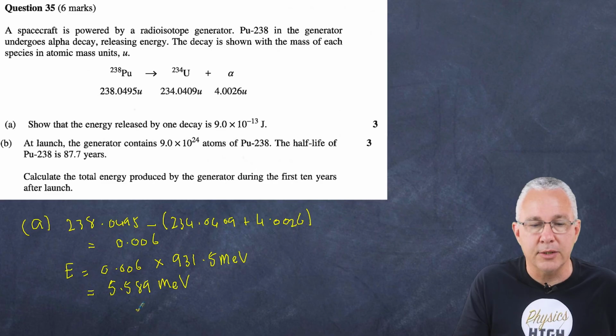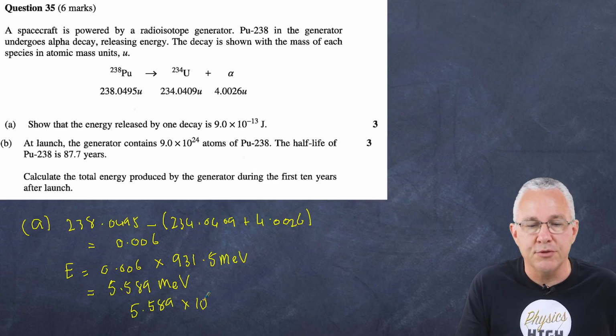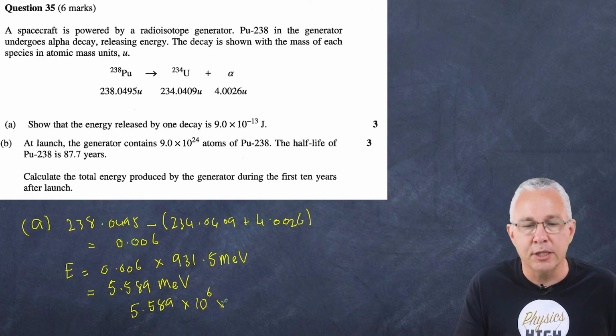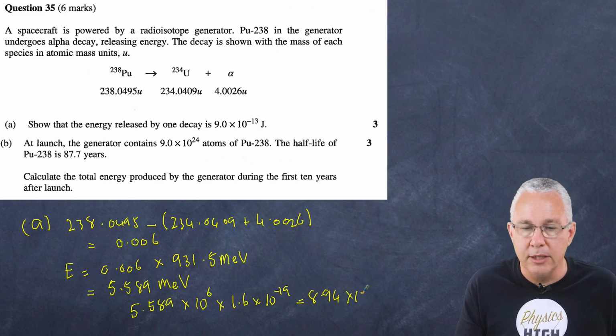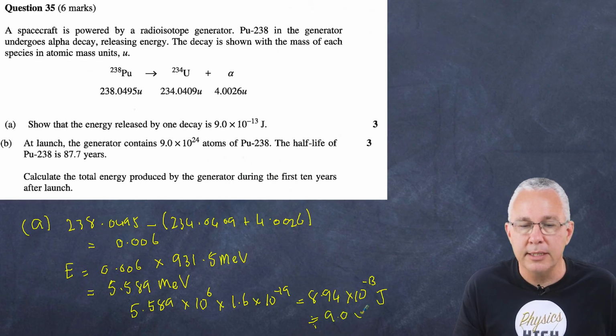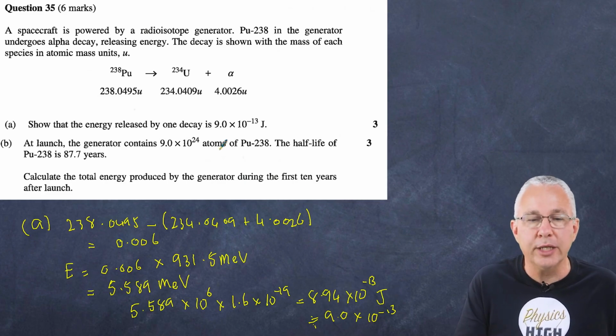In other words, we have 5.589 times 10 to the power of 6, that allows for the mega, and then multiply this by 1.6 times 10 to the negative 19, and when you do that calculation, you're going to get 8.94 times 10 to the power of negative 13 joules. And you'll see, if we round this up, we'll get 9.0 times 10 to the power of negative 13, which of course is the answer that we're looking for.